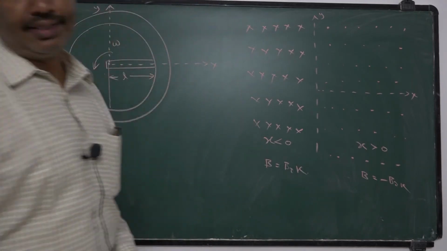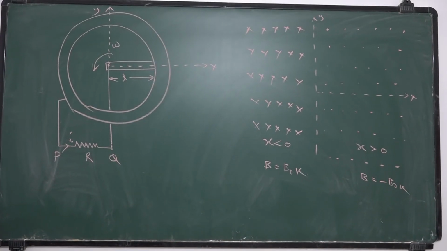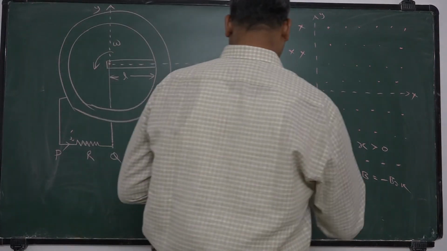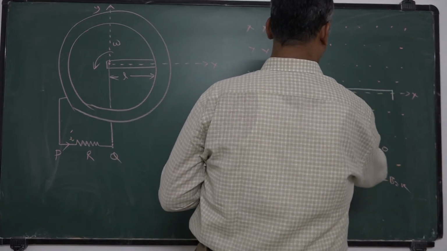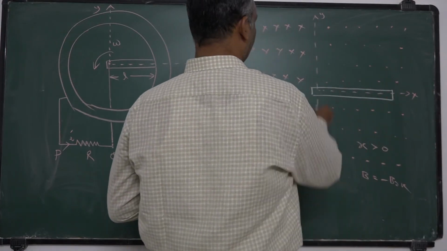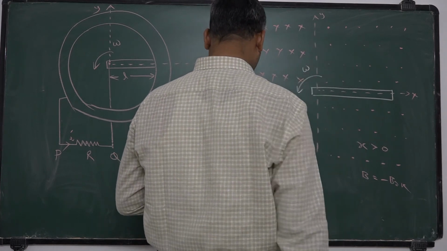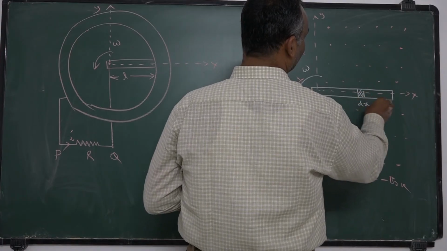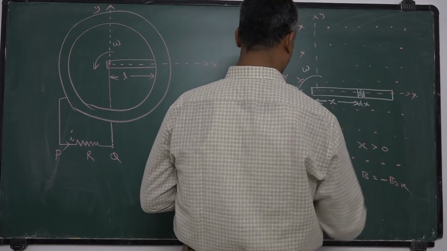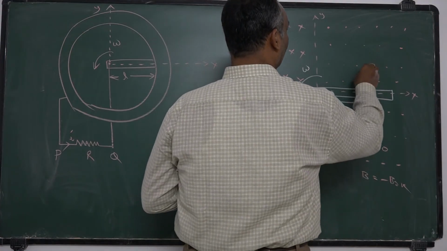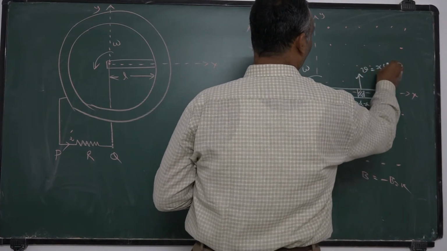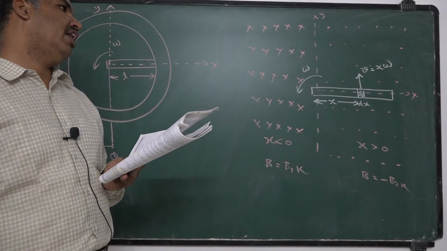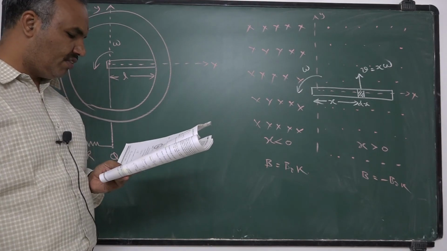It is like this. In this region, the rod is rotating. The rod is going to execute rotatory motion with angular velocity omega. So if I take a particular portion of the rod having dx length located at x distance, it will have some linear velocity x omega. v is equal to r omega is the general formula. So x omega will be the linear velocity of the small element of the rod.